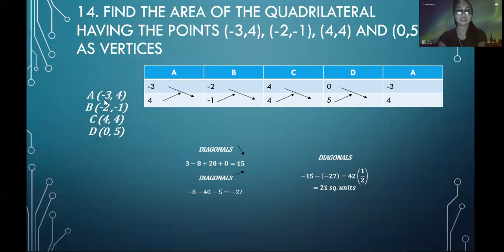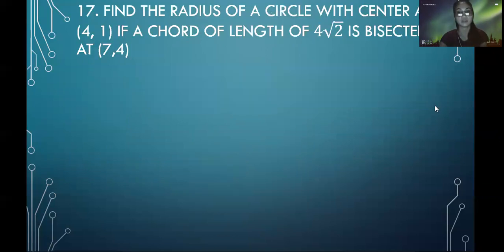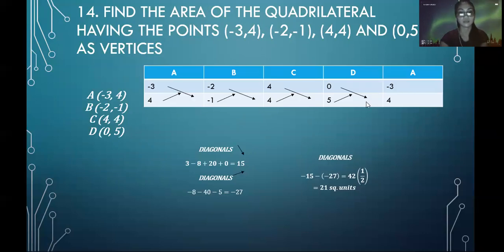So point A is at negative 3 and positive 4, and point B is negative 2 and negative 1, and point C is 4 and 4, and D is 0 and 5. The illustrations for the diagonal. Sorry.